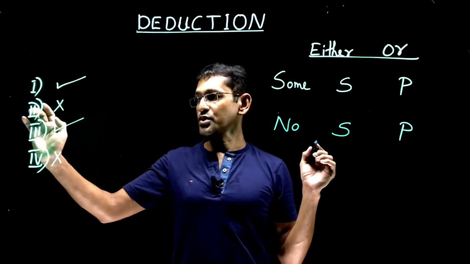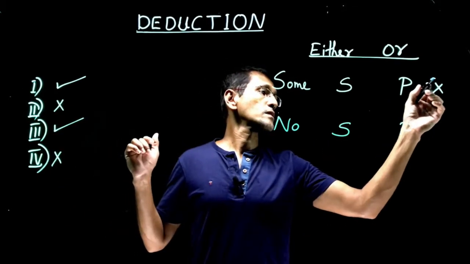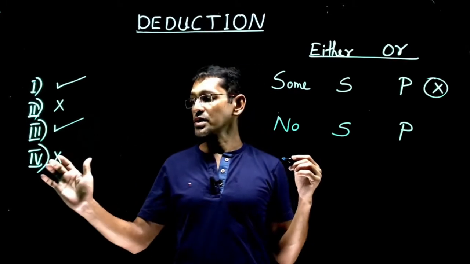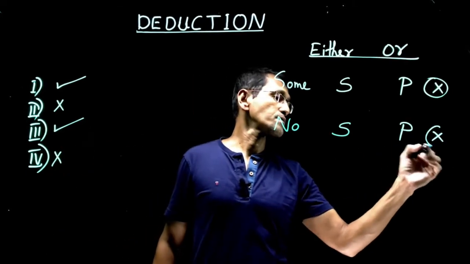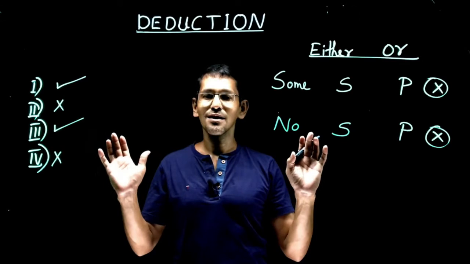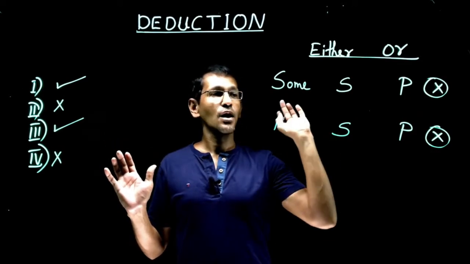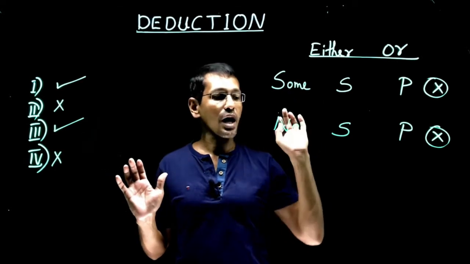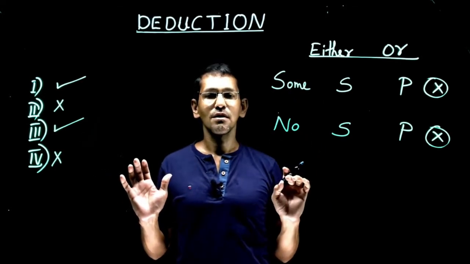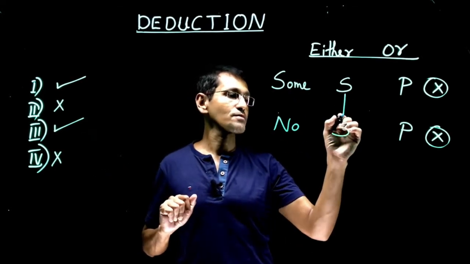Conclusion number 2 doesn't follow. Conclusion number 4 doesn't follow. Either or conditions, what are they? Both conclusions do not follow. One conclusion must be some, the other must be no. And subject must be subject.